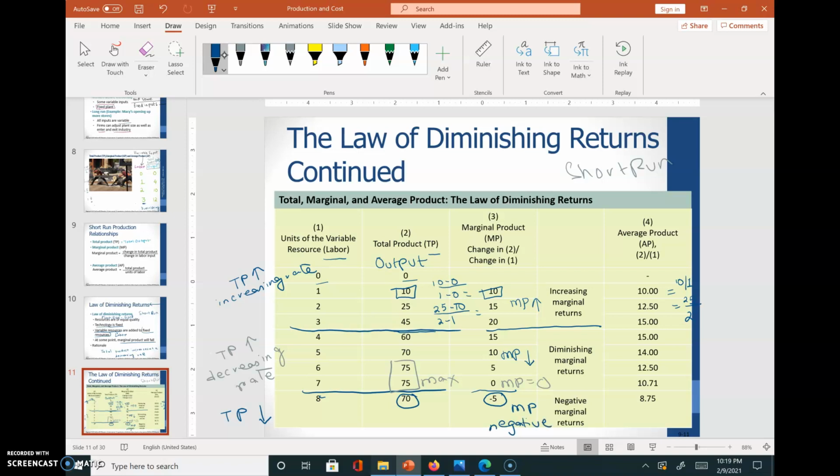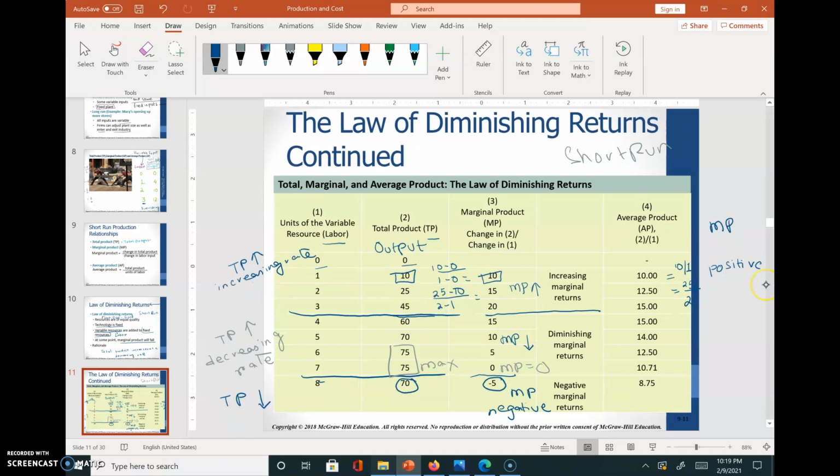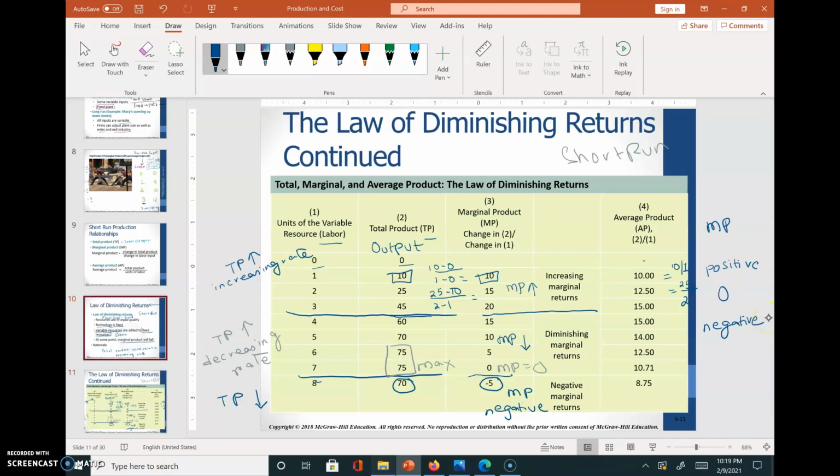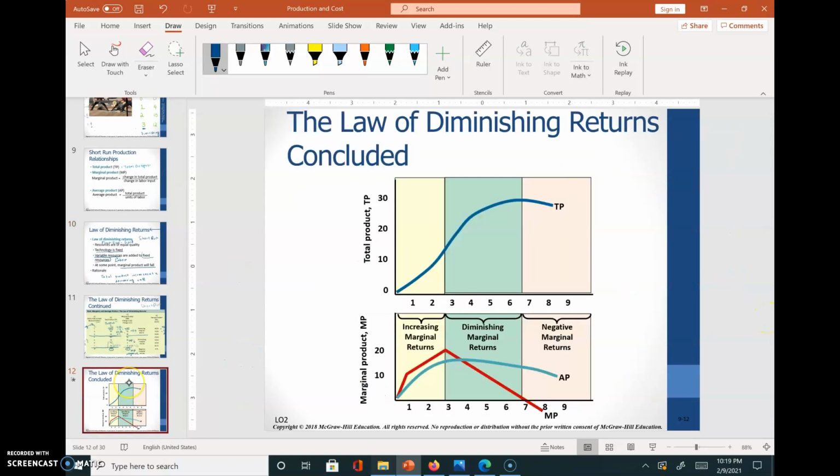So one of the questions that we have, probably in the homework, this marginal product can either be positive or it can be 0 or it can be negative. Everything is possible.